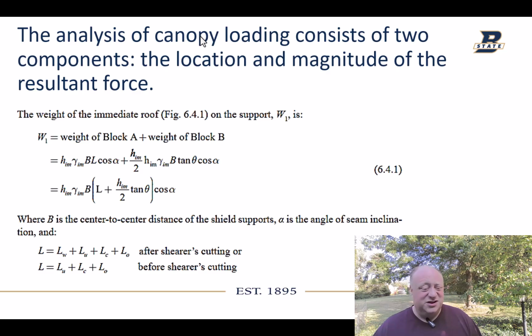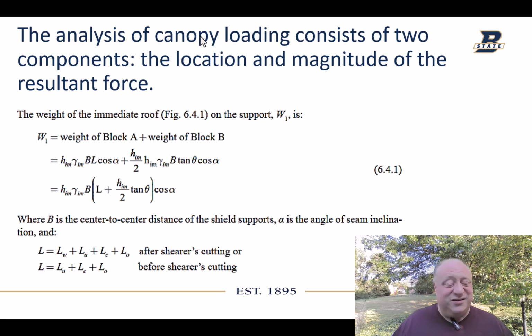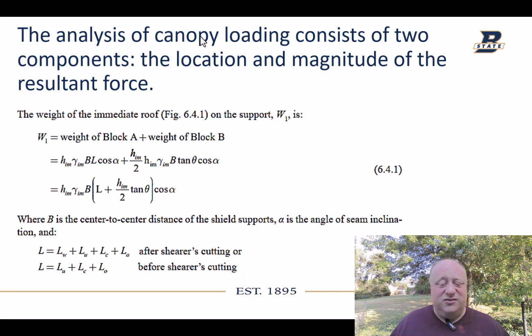So it's all a function of that. And of course, all those links that add up either before or after the shear is cut. I would probably suggest using after, so you're supporting all that with the shield. You add all those. So it's all a function of that weight on the block. That's sort of the easy part.